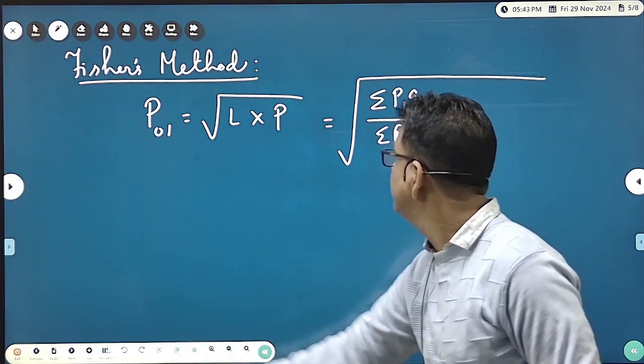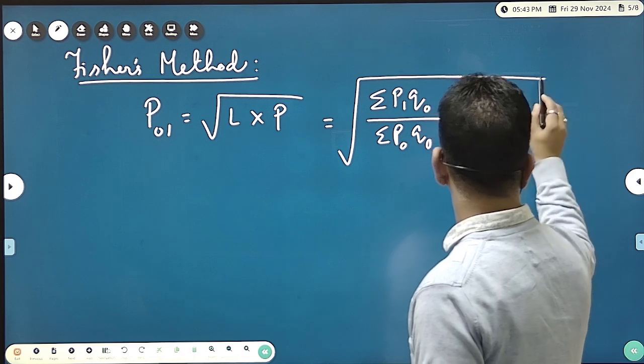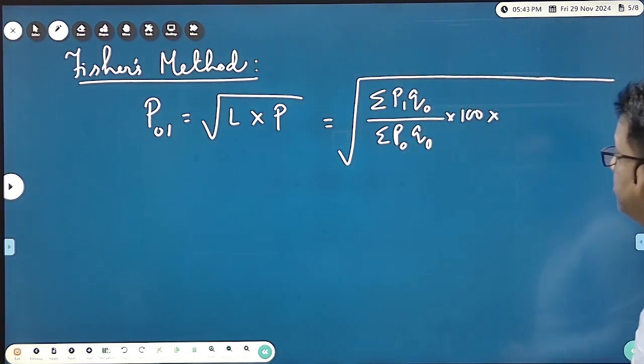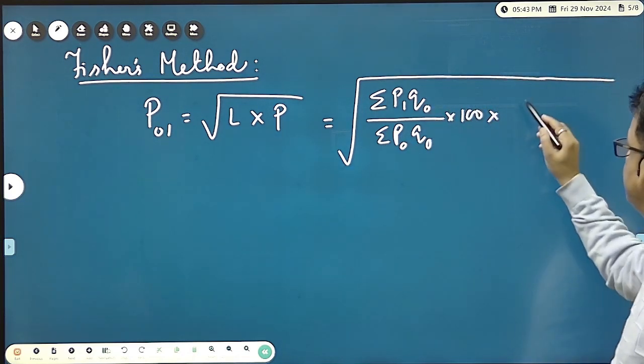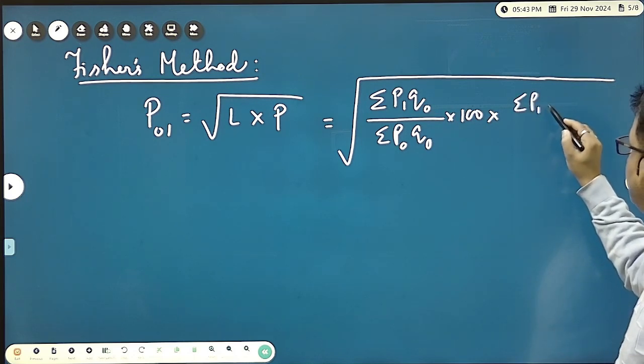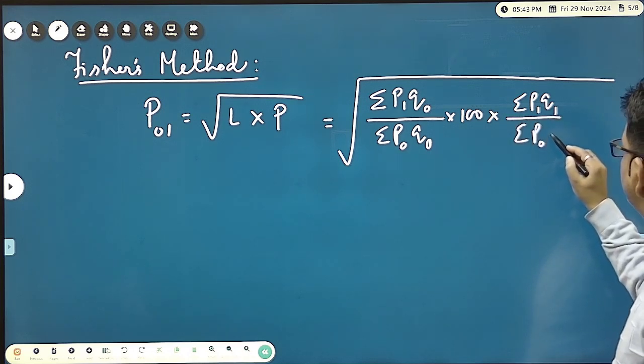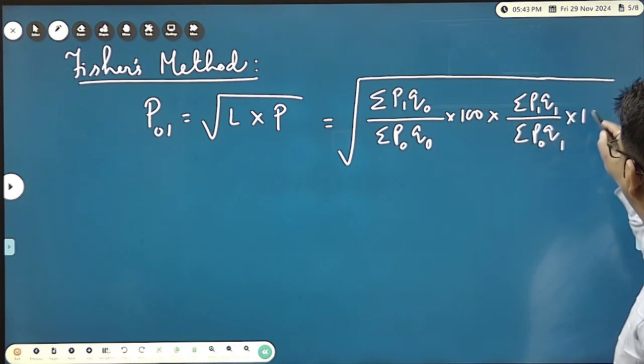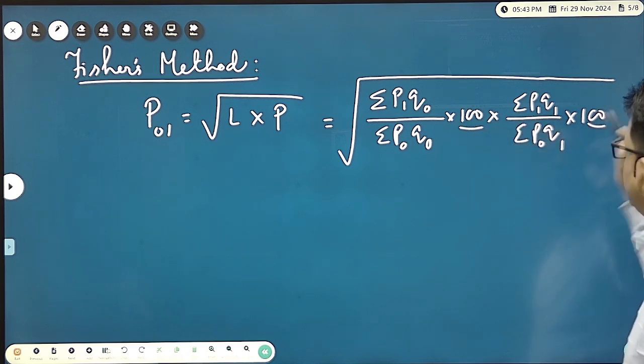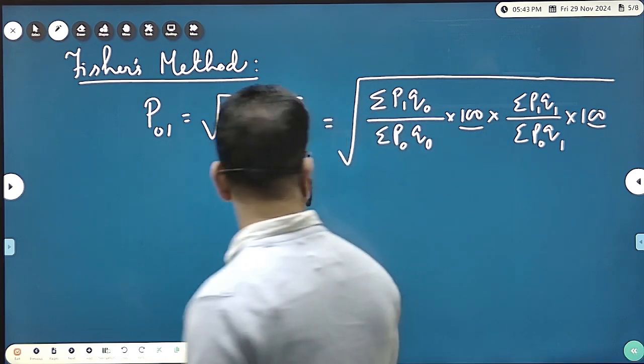Then as I said, he did not do anything new, he just took again the price index by Paasche's method, which is summation of P1 Q1 divided by summation of P0 Q1 whole multiplied by 100. Now how many hundreds are there? You know the method of square root.